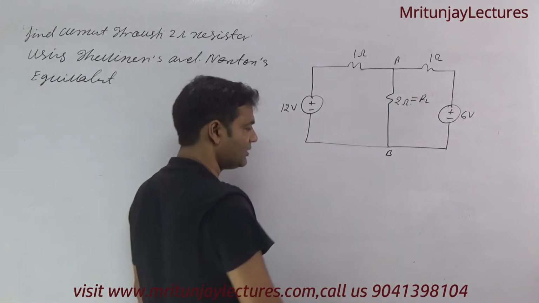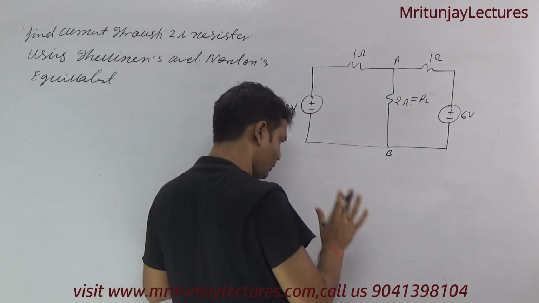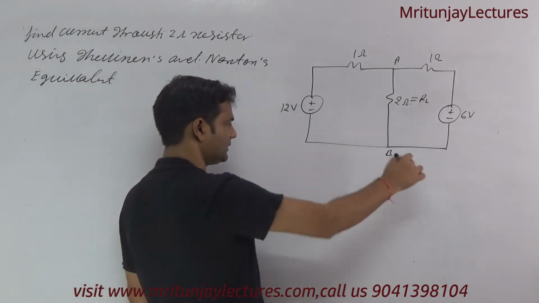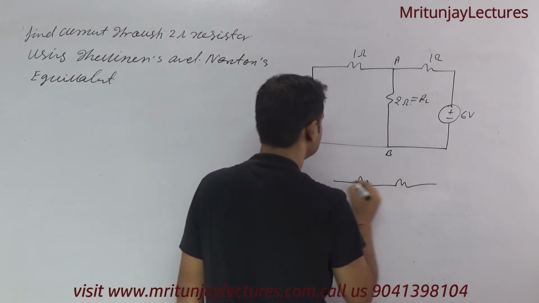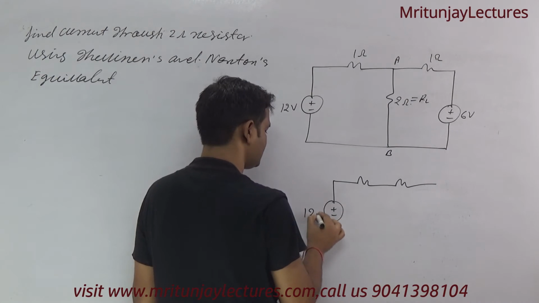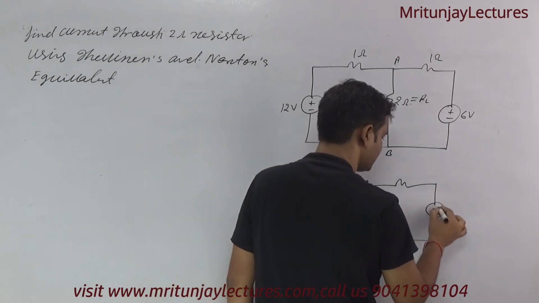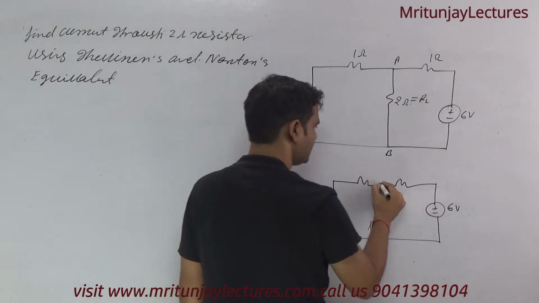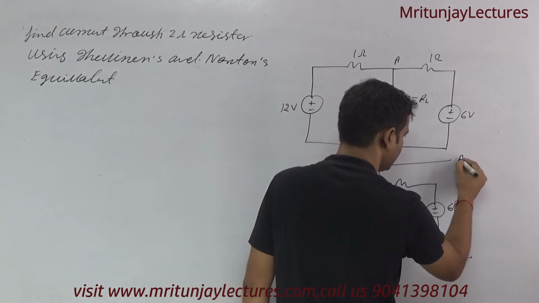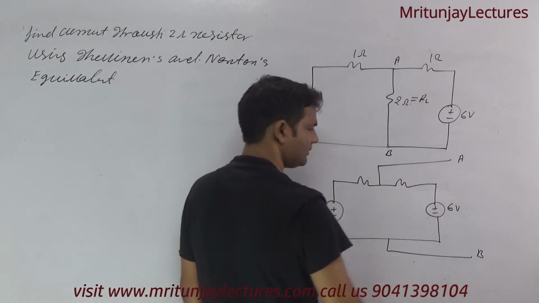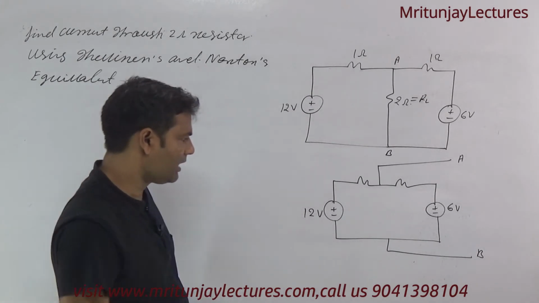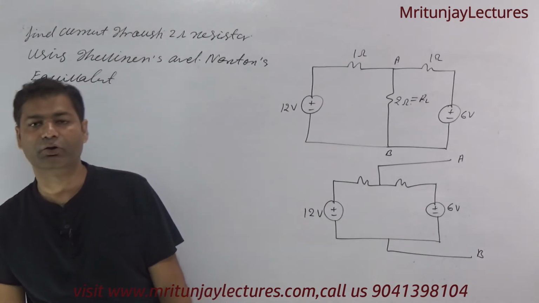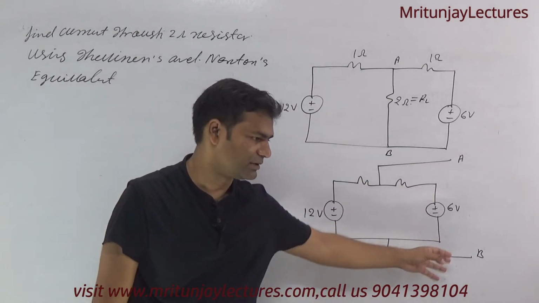First of all, this is RL. So first of all, this whole circuit is converted to a 6 volt source, clear, and that is A and that is B. Okay, if RL is removed, our motto first of all is to make the Thevenin equivalent and Norton equivalent corresponding to the AB terminal, clear.